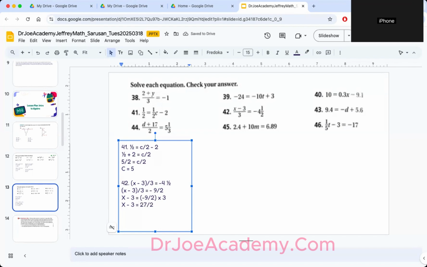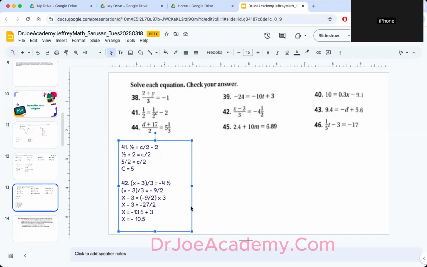Negative 27 over 2. Oh yeah, negative, and then something minus. Okay, so that's 13.5. Oh, 10.5. Negative 10.5. All right. Excellent. Negative 10.5. Very well done.